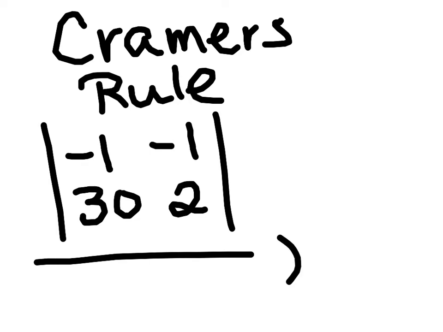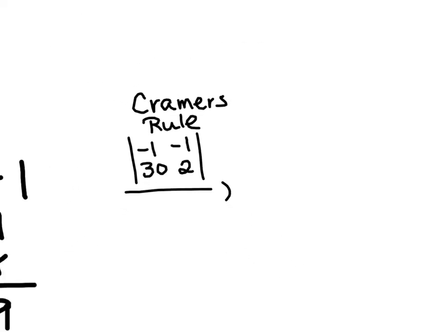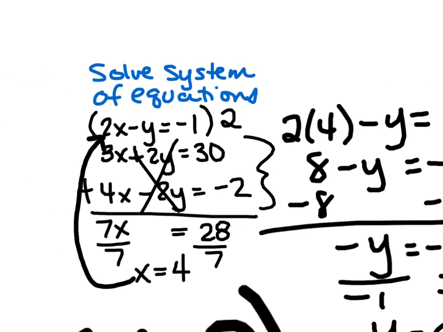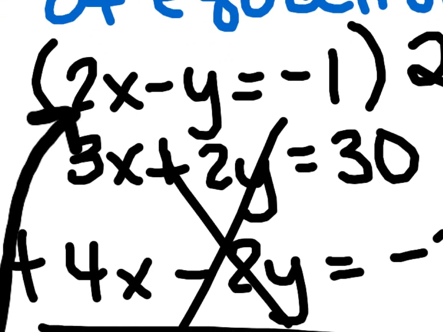Now the numerator of my y value is going to be, I'm going to cover up the y column, so don't look at the y column. You're going to look at the 2, the -1, the 3, and the 30. We're going to skip the y's, and with the y's, it actually goes in the same order.